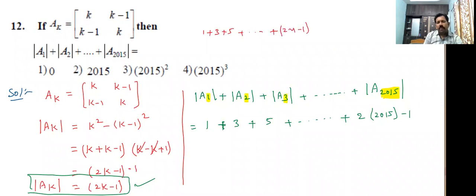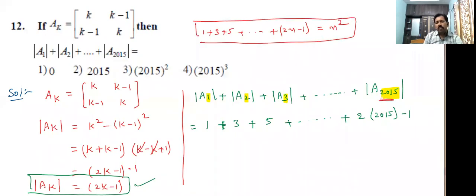The sum of odd numbers formula is n square. This is the formula. What is n here? n means 2015 only. There are 2015 terms, so by the formula n square we get the answer 2015 whole square. This is the sum of odd numbers up to 2015 terms. So the correct answer is the third option.